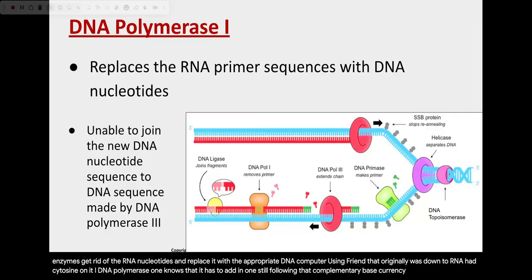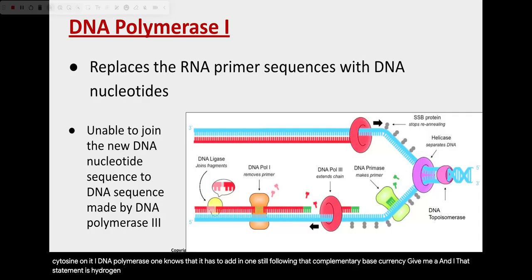Right, so we've now swapped out the RNA nucleotides for the DNA nucleotides. So now we have a segment of DNA nucleotides that used to be where the primer is at. That segment is hydrogen bound to the parent strand. So it's like the rungs of the ladder have been made.